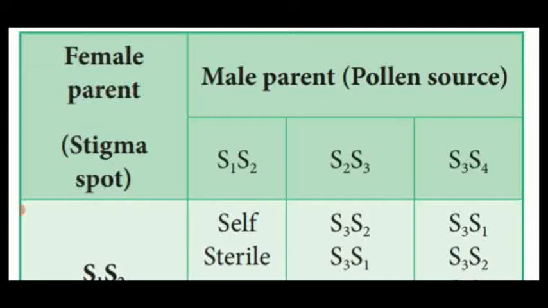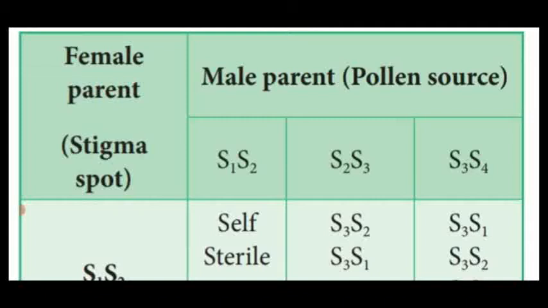But the cross which is made with S3, S4 or S2, S3 means the pollen tube show the developmental stages. So if they do not undergo the germination process, it's said to be self-sterile or self-incompatibility.